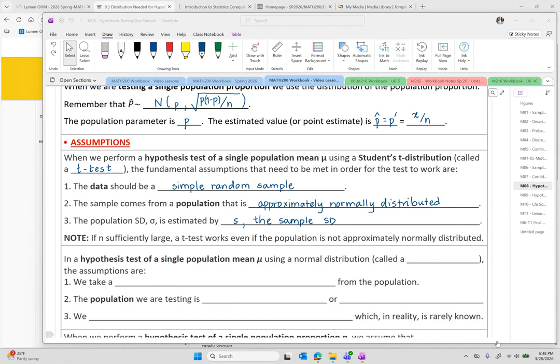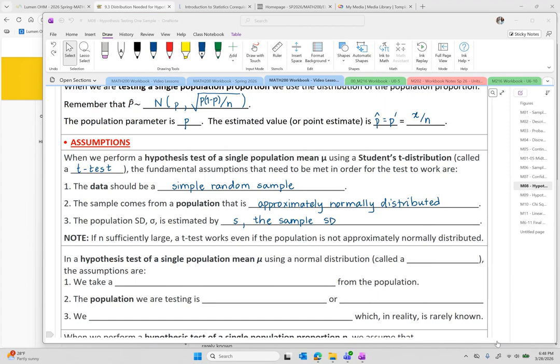The fundamental assumptions are that we will select a simple random sample, so remember all the sampling techniques that we learned, that the sample will come from a population that is approximately normally distributed, and that we don't know the population standard deviation, and we will use the sample standard deviation to estimate the population standard deviation.